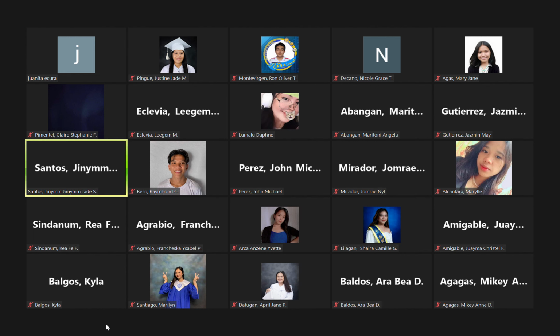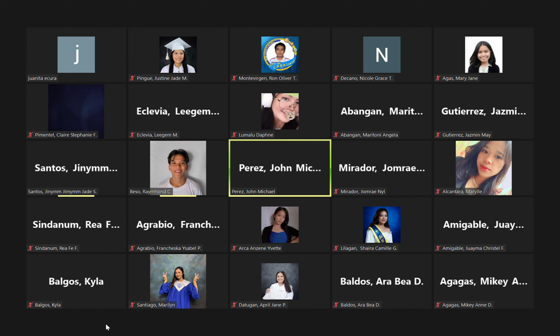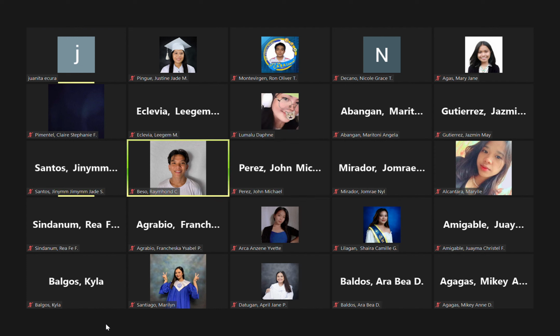Ilang plates? Okay, 3,000. So 3,200 minus 3,000, the difference is 200 positive, multiplied by standard price of 2.75. Magkano yung quantity variance? 550 po. Unfavorable, okay.